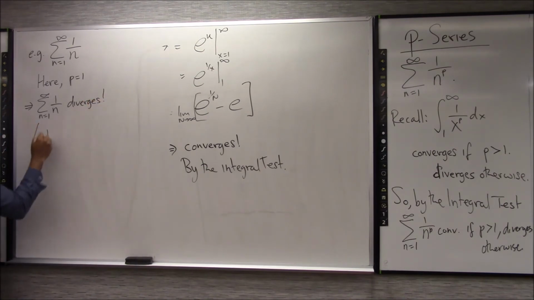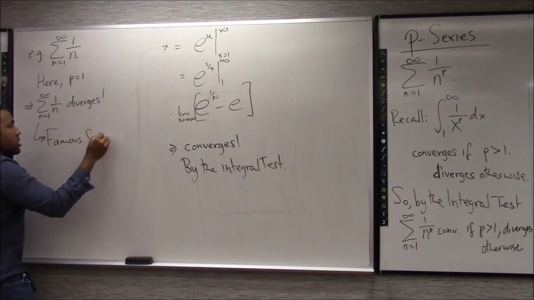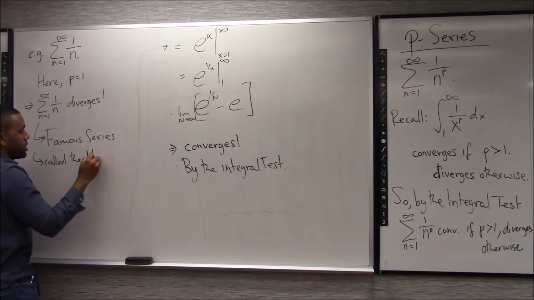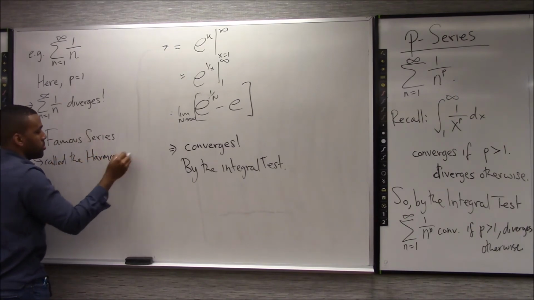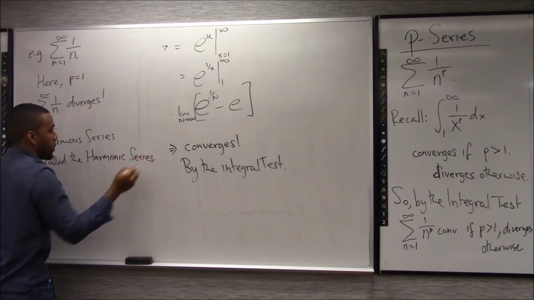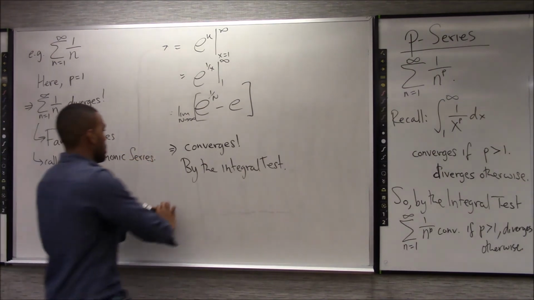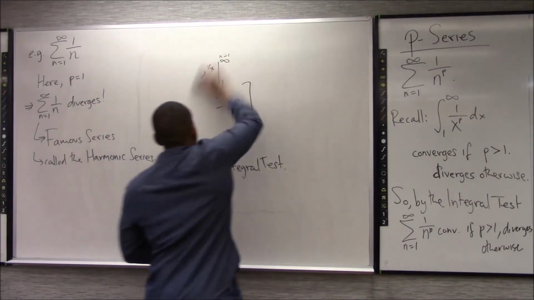By the way, this is a very famous series. It's called the harmonic series. It's very important. It often shows up in various contexts, so we've studied it a lot.